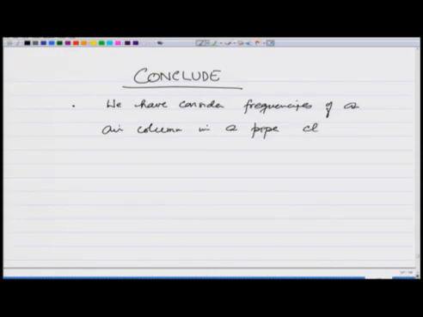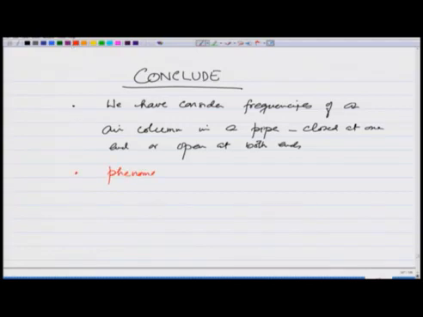The pipe could be closed at one end or open at both ends. We have also considered the phenomenon of beats in which two waves of roughly the same frequency superimpose, and third, we have considered the Doppler effect in which the frequency that we hear, because the source or observer is moving, is different.